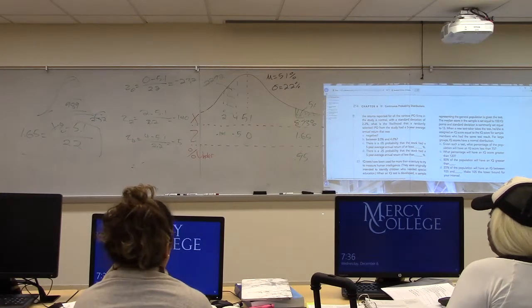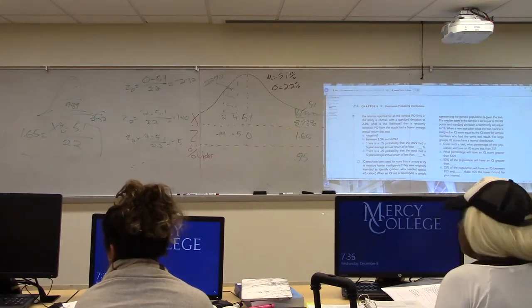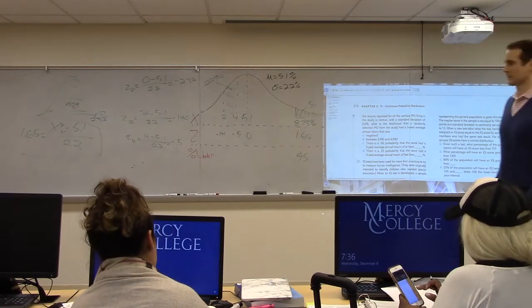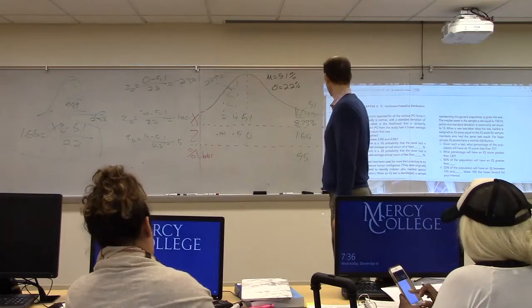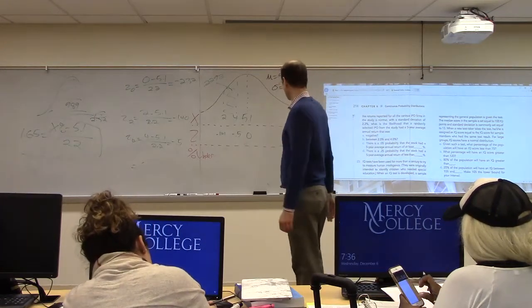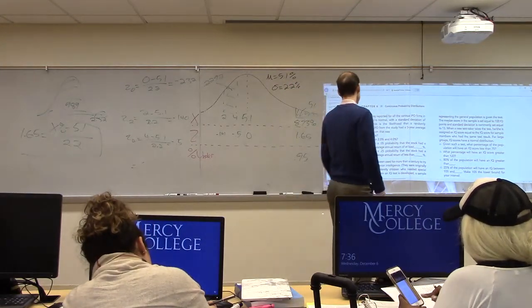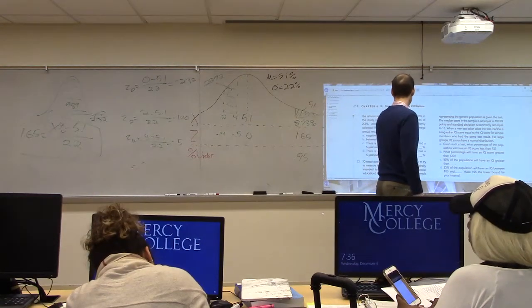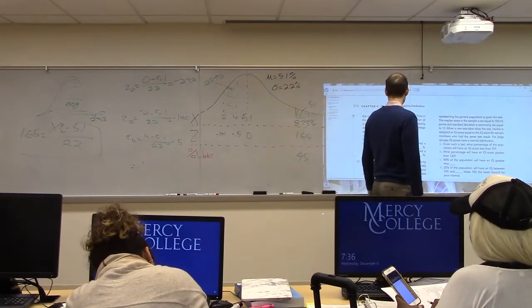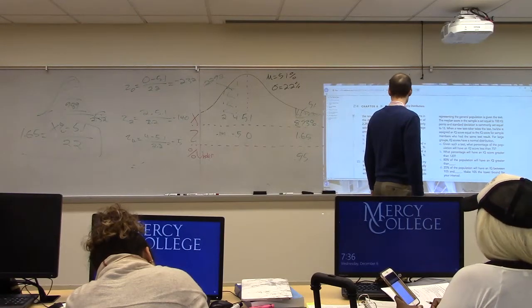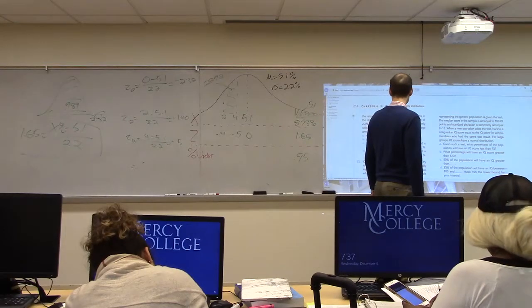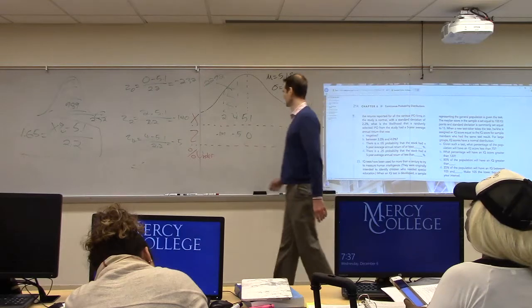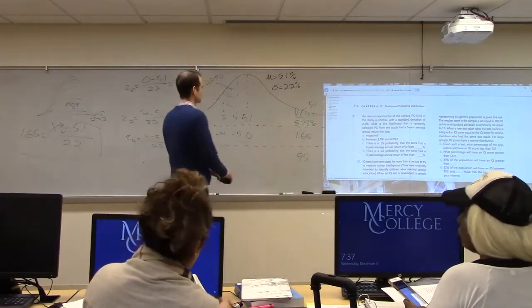So this is 5.1 over 2, so you cancel out the denominator.